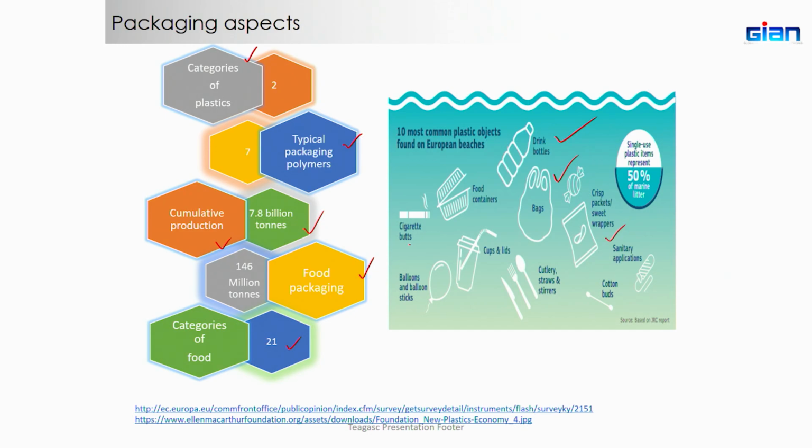Items for smokers, food containers, balloons and balloon sticks, cutlery, cotton buds, sanitary products. So all those different types of products are there. You go to any beach, Marina Beach or any other beach, and you will see all this type of packaging material. So how can this be reduced?